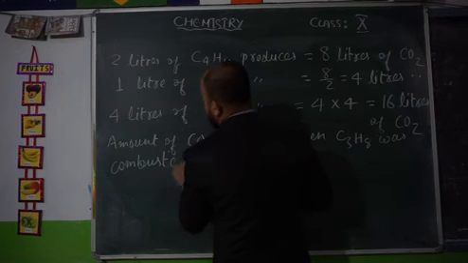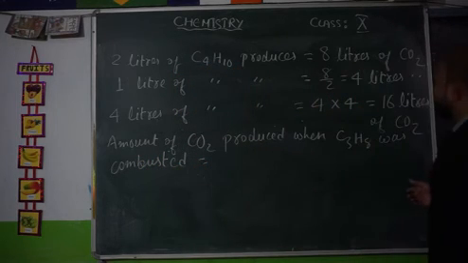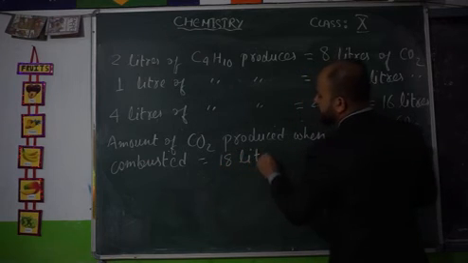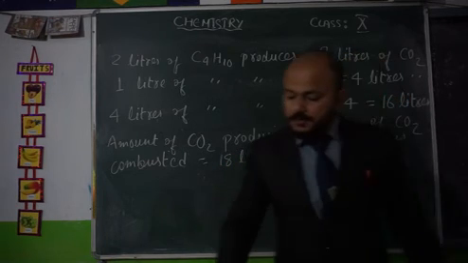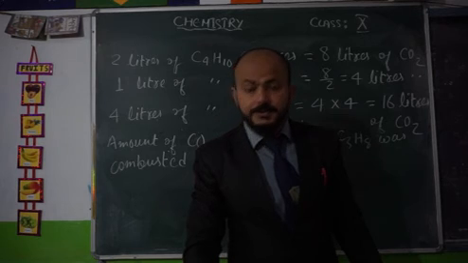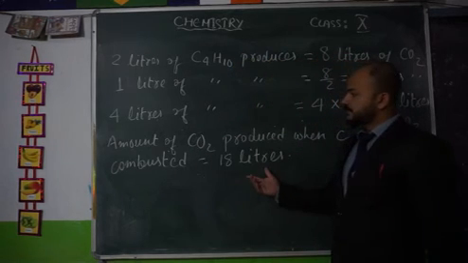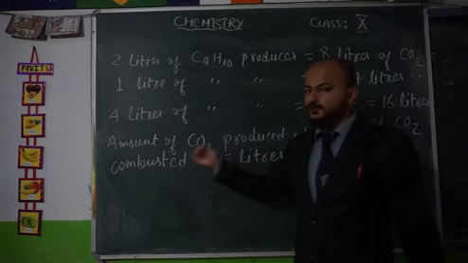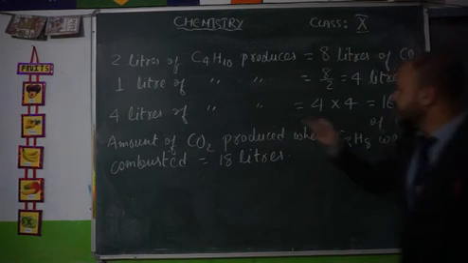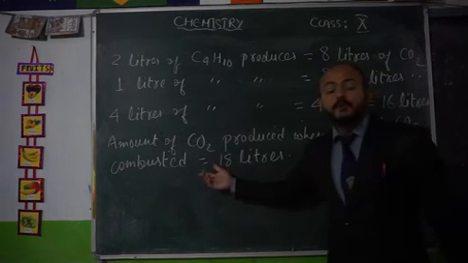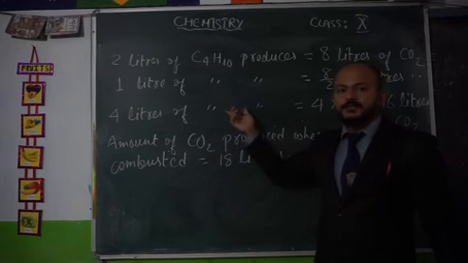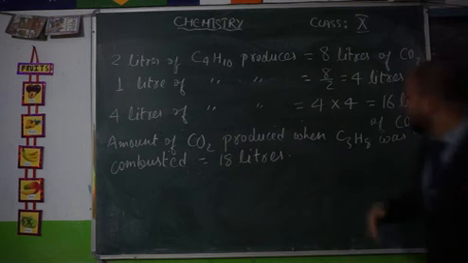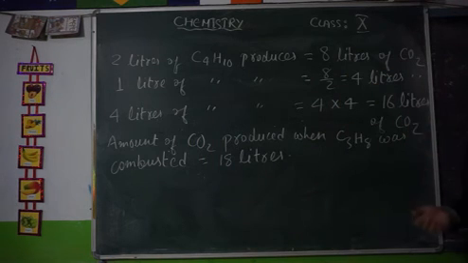It was 18 liters. Yes or no? It was 18 liters. Now, this is the amount of carbon dioxide produced when butane is combusted, and just now we calculated when propane is combusted, and just now we calculated when 4 liters of butane is combusted, we get 16 liters of carbon dioxide.